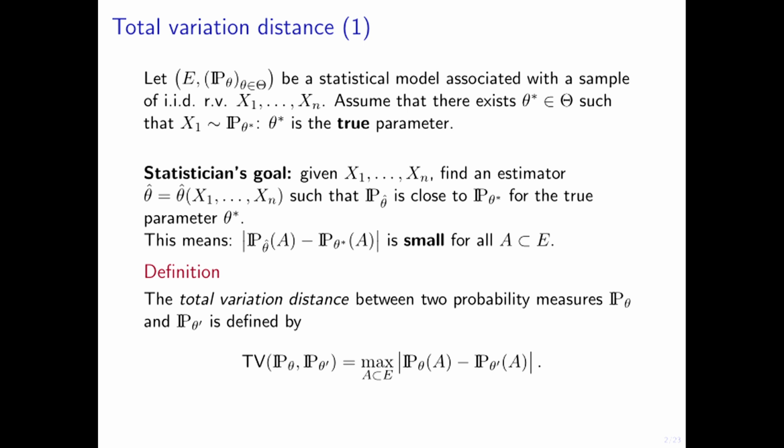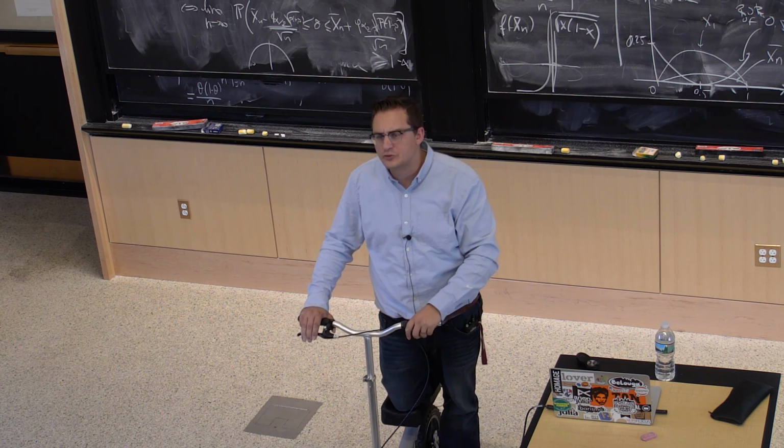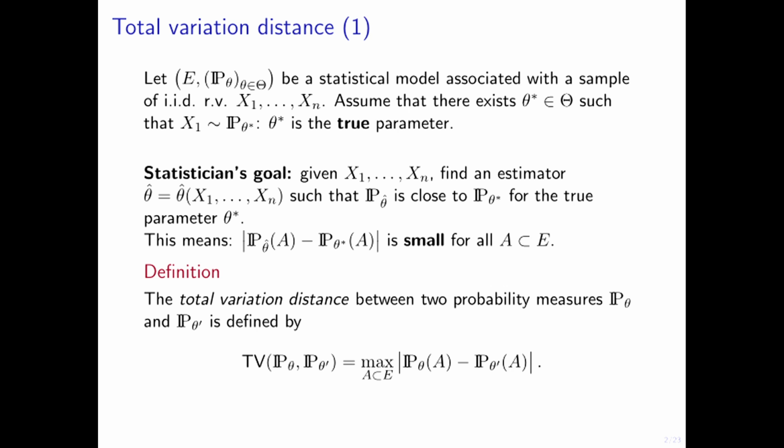Your goal is to estimate a true theta star, the one that generated some data x1 to xn in an IID fashion. But this theta star is really a proxy for us to know that we actually understand the distribution itself. The goal of knowing theta star is so that you can actually know what p theta star is, right? Otherwise, well, sometimes we said it has some meaning itself, but really you want to know what the distribution is. And so your goal is to come up with a distribution, hopefully from the family p theta, that's close to p theta star.